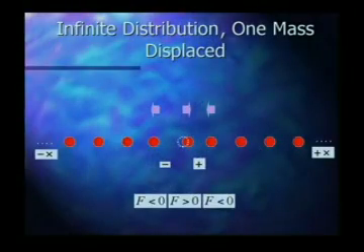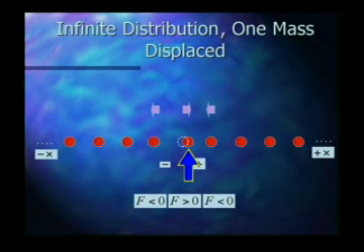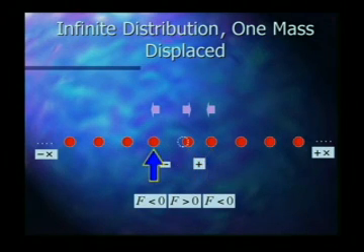However, if we take just one particle and we displace it slightly, as I've done here, that's no longer the case. And that's easy to see. The particle was here. We move it a little bit to the right. Now it's a little closer to this particle than that particle.